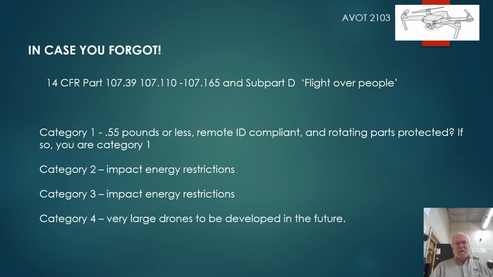Nobody has remote ID at this point, but hopefully the manufacturers will start punching those out. They've got a little time as well. Category 4 is for giant drones that carry giant loads of cargo across the Atlantic Ocean, that kind of thing. Category 4 is going to have an airworthiness certificate. It's going to have a minimum equipment list, just like an airliner, except with no people flying in it.